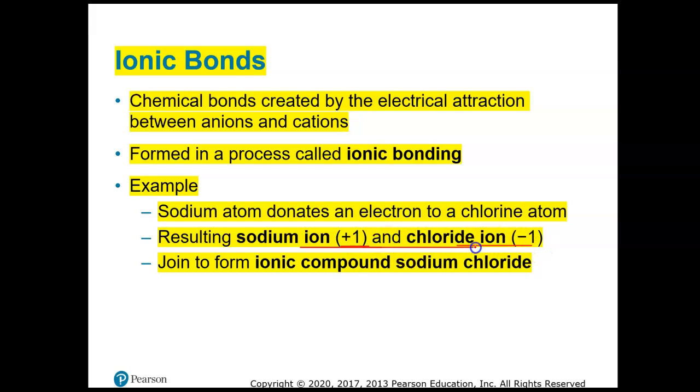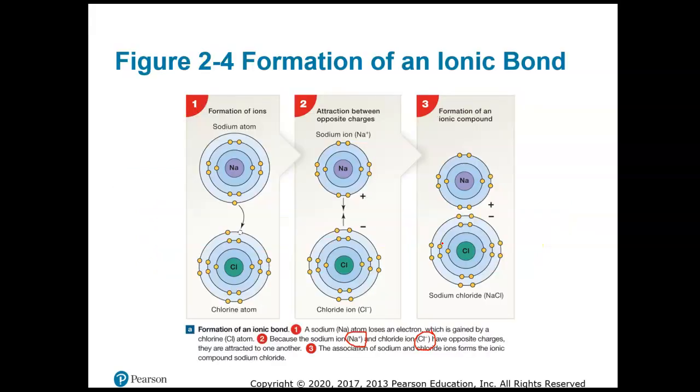These ions are attracted to each other because opposite charges attract. So they will be joined together, and that is called an ionic bond. Okay, so what has to happen first is the sodium has to lose an electron and the chloride ion has to gain an electron. So what does sodium and chlorine look like before they lose one and gain one electron?